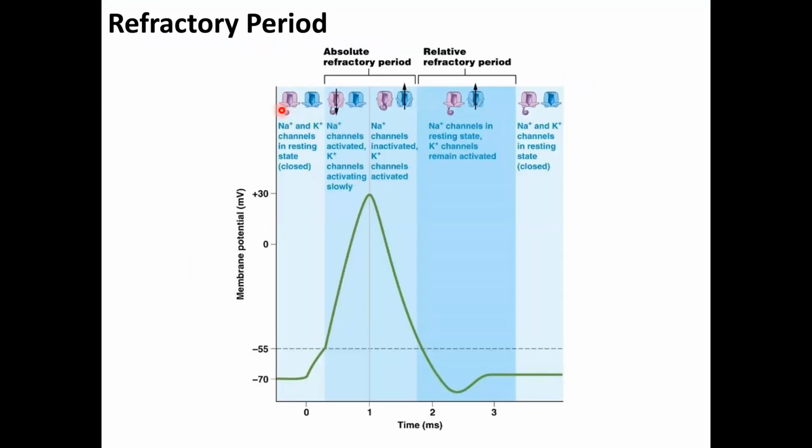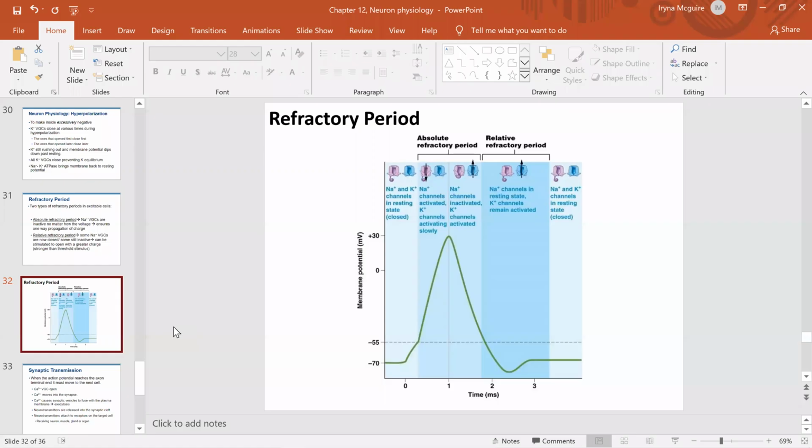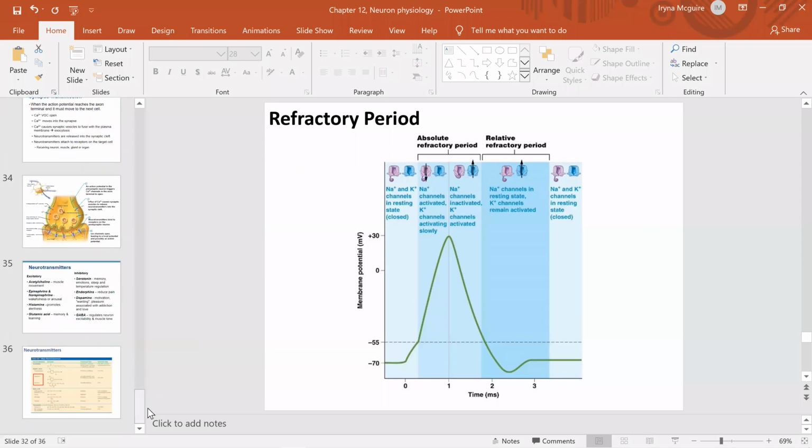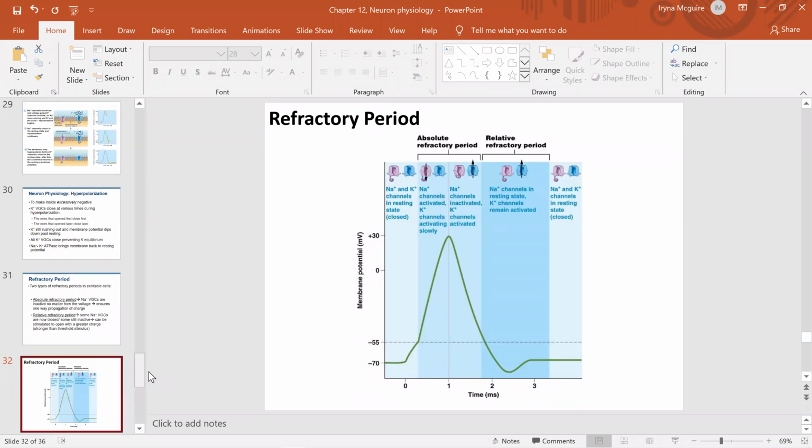So look, we have the resting state again, we have activated, and we have inactivated. So we need these sodium channels, at least some of them, to return back to a resting state so we can activate them again. So in the absolute refractory period, no stimulus can generate an action potential. In the relative refractory period, a strong stimulus can generate an action potential.